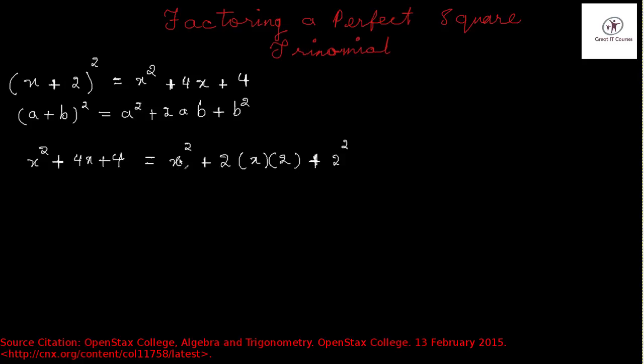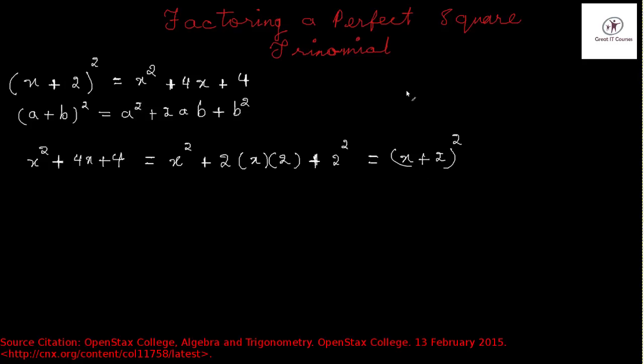So then it is x squared plus 2 into 2 into x is 4x plus 2 squared, which is 4. So they just match. And since I know that a squared plus 2ab plus b squared is equal to a plus b whole squared, I can write this as a plus b, so a is x, b is 2 whole squared.